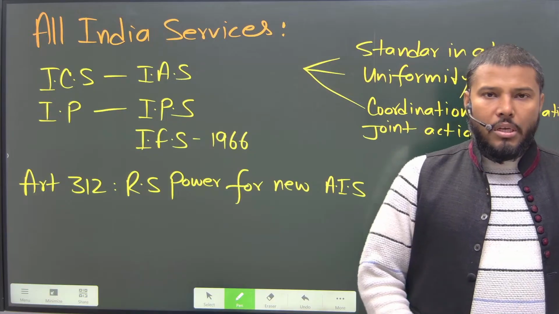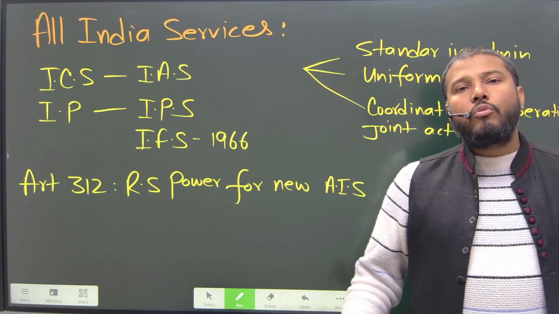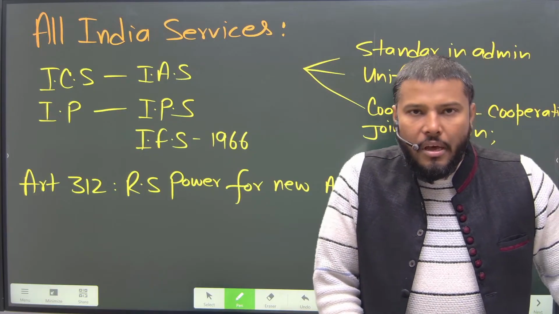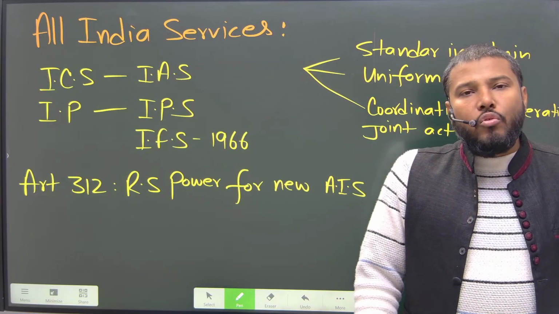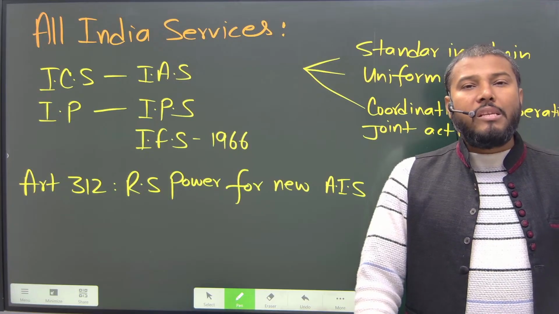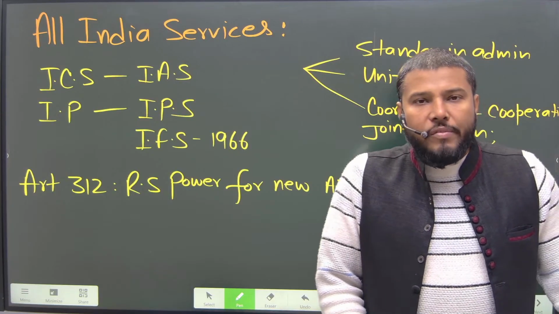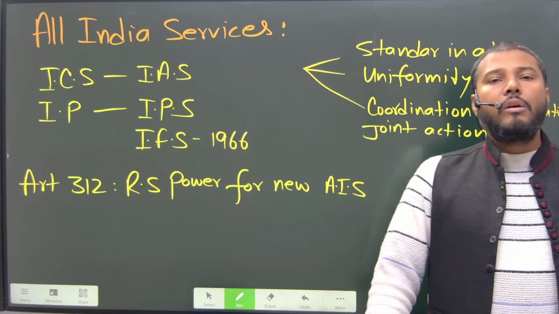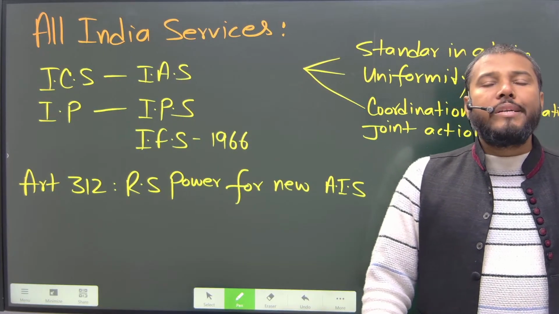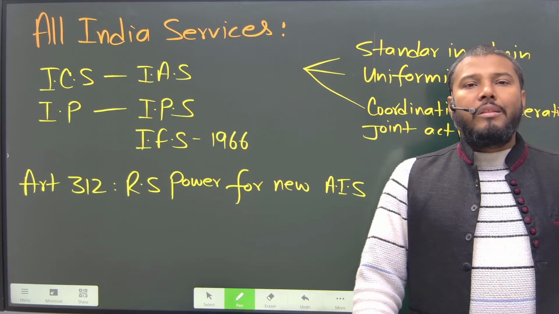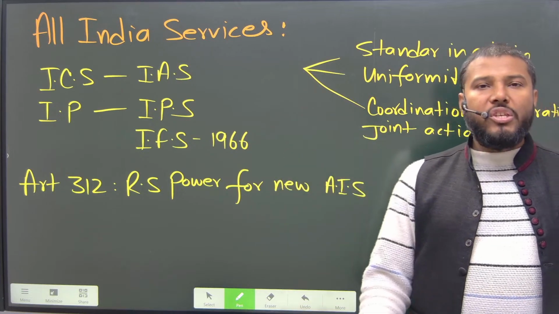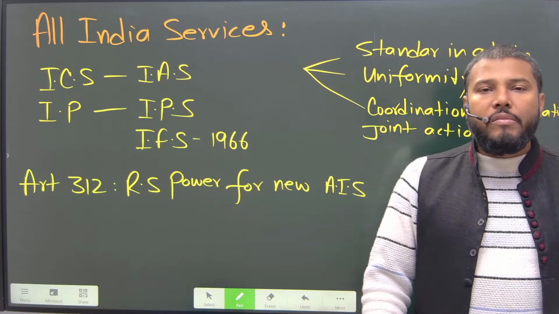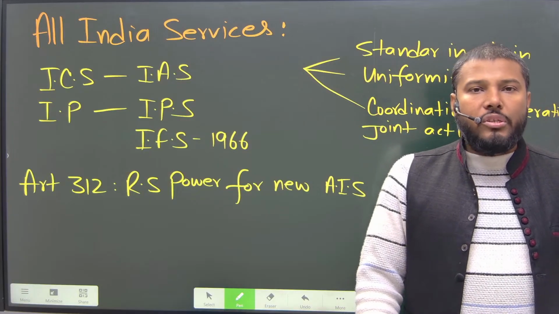State के जो high officials हैं उनका recruitment State Public Service Commission करता है. Okay, so Union Public Service Commission does recruitment for the central services people. At the same time, Union Public Service Commission is vested with the authority to do recruitment for the all India services people also. These all India services are 3 in number: Indian Administrative Services, Indian Police Services, and Indian Forest Services.